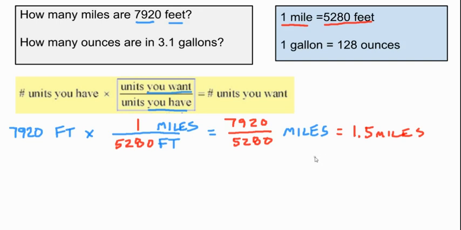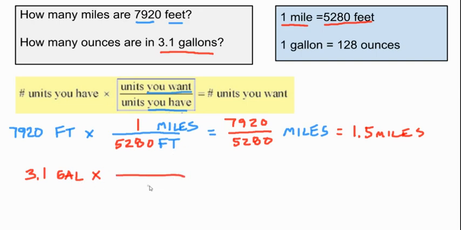Okay, let's do the same thing with the next problem. We are converting from gallons to ounces. How many ounces? So the units we have are gallons, and the quantity is 3.1. So we're going to start out with that. 3.1 gallons. And then we set up our fraction.